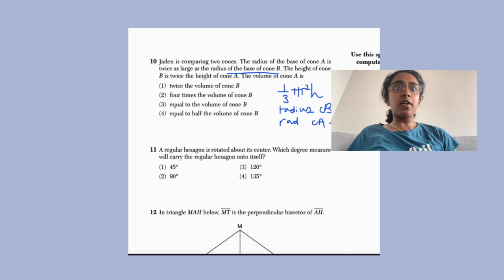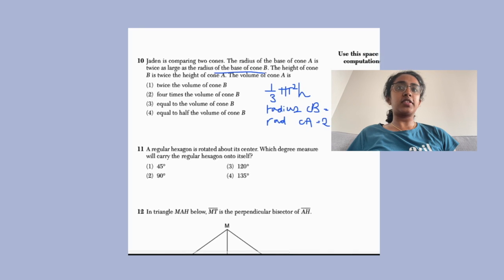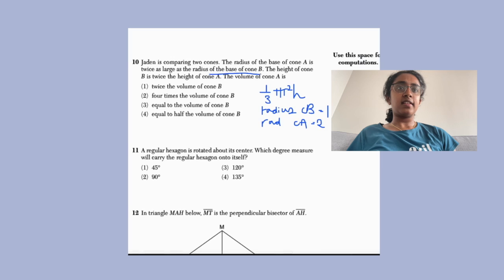The height of cone B is twice the height of cone A. So let's say the height of cone B would be 2, and then the height of cone A is 1.